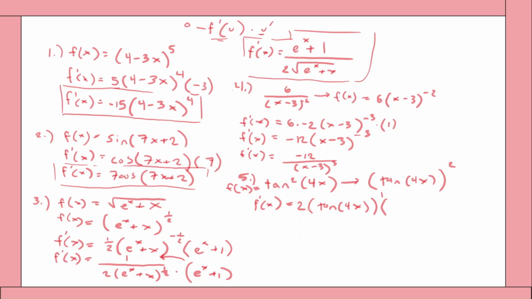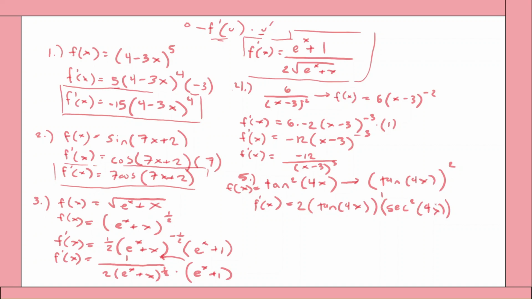Then we're going to multiply by the trig part. So we did the power. Now we're going to work our way inside to the trig. Tangent's derivative, we already know, is secant squared. So that's going to be secant squared of 4x. Remember, we're keeping the actual angle the same.